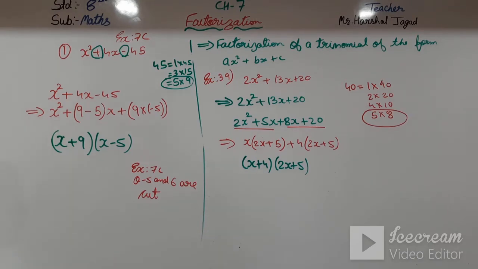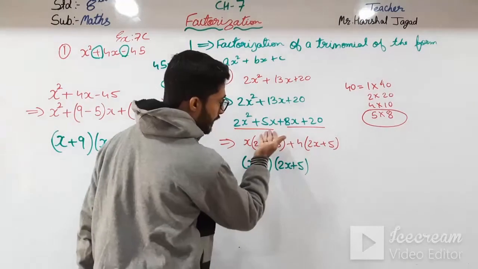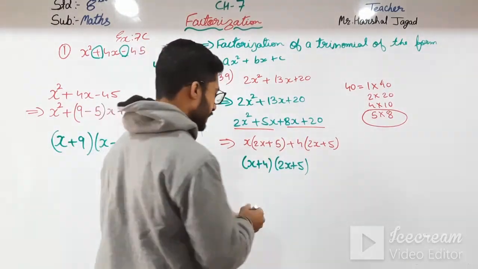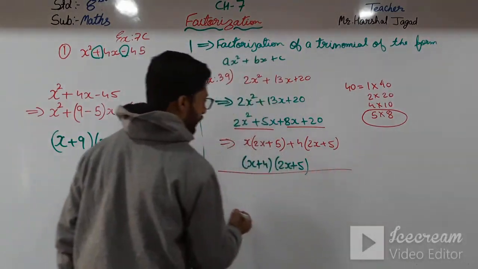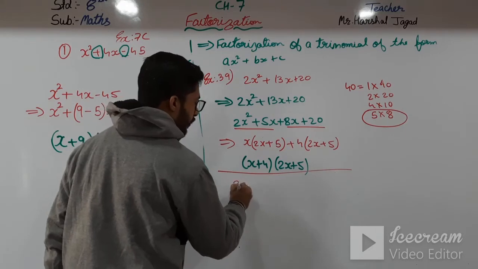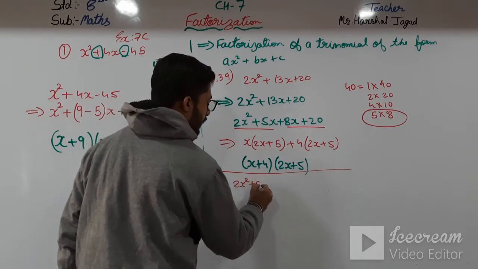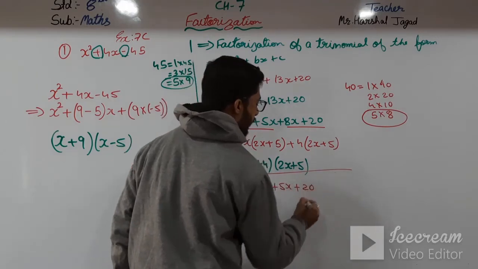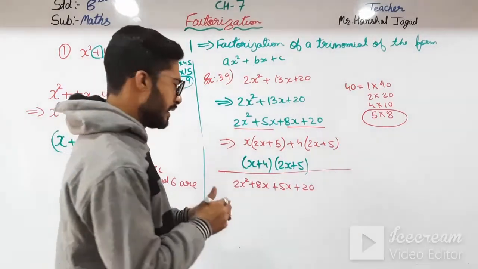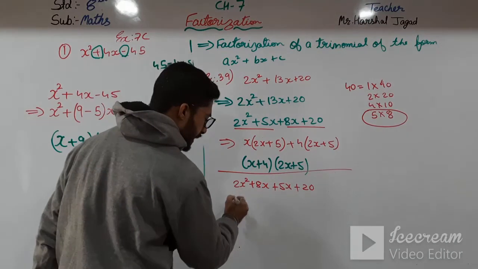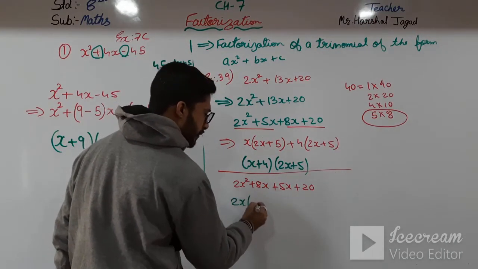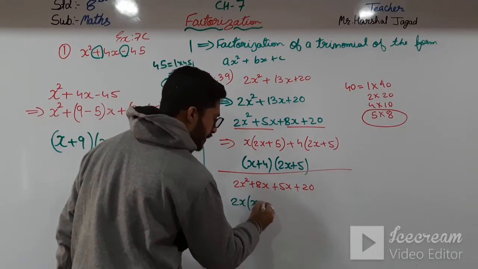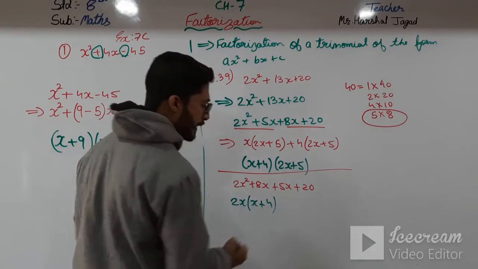And also we can take this 8 here and 5 over here. Then let us see what happens. Here you can see 2x square plus 8x plus 5x plus 20. Your answer will be the same only. Okay, students, here what will be common? 2x, so here it will be x plus 4, 2 fours are 8.